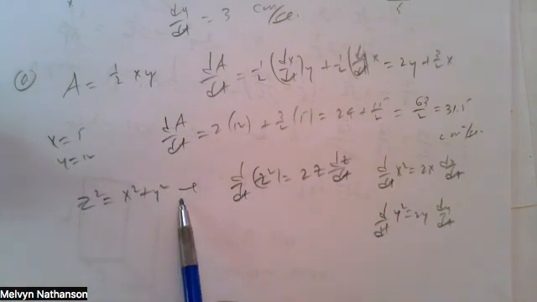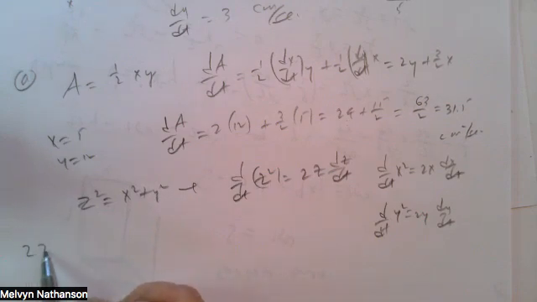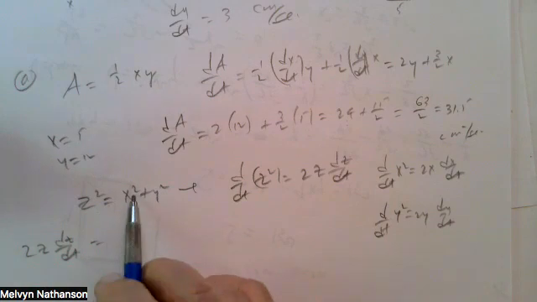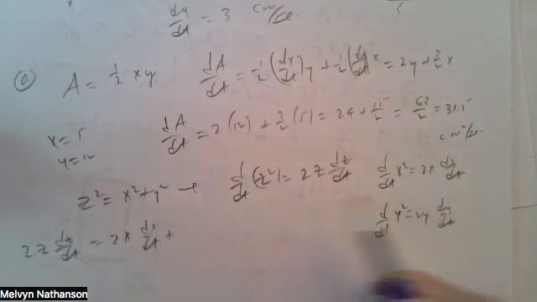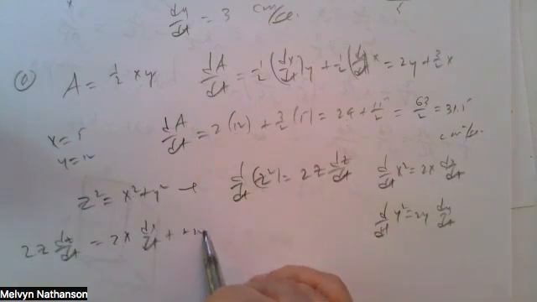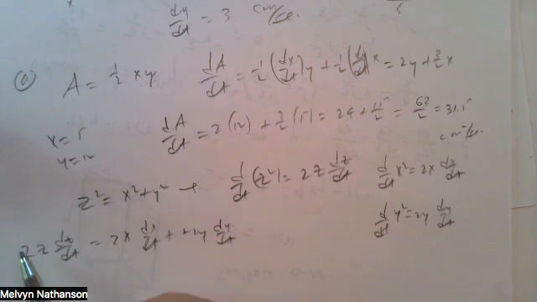So when you differentiate with respect to t, 2z dz/dt equals 2x dx/dt plus 2y dy/dt. So you can cancel the 2's.